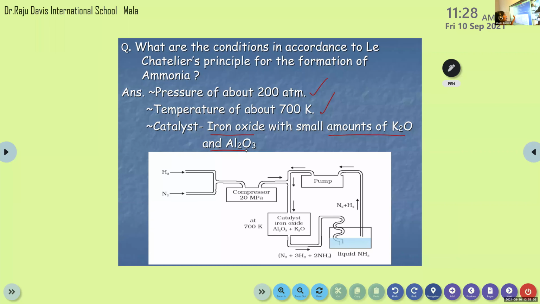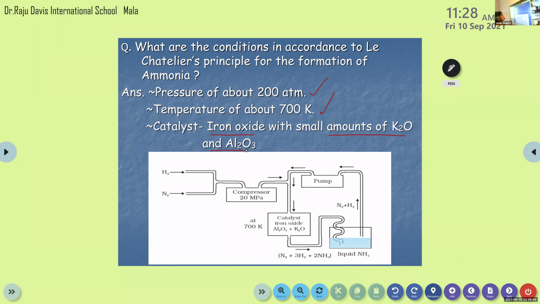So these three are the essential conditions according to Le Chatelier's principle for the formation of ammonia. Pressure of about 200 atm, temperature of about 700 Kelvin, then catalyst used is iron oxide with small amount of potassium oxide and aluminium oxide to increase the rate of attainment of equilibrium.